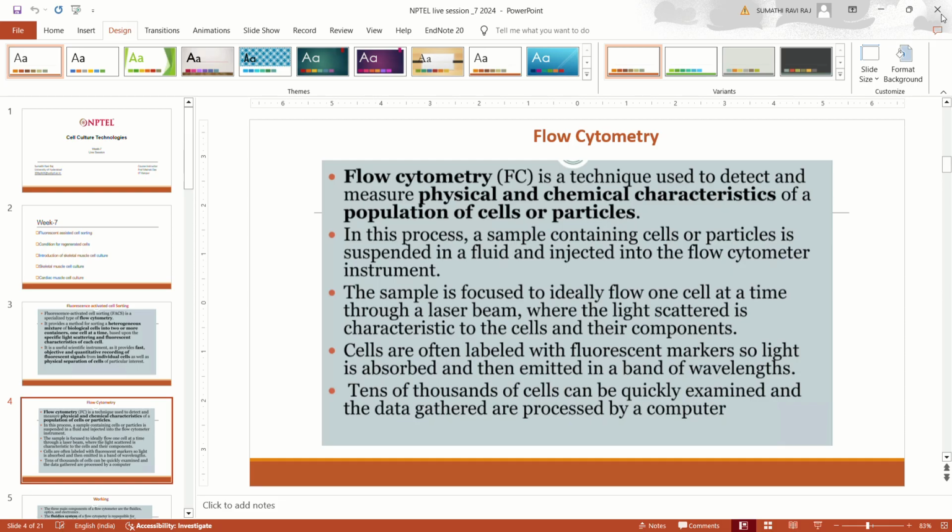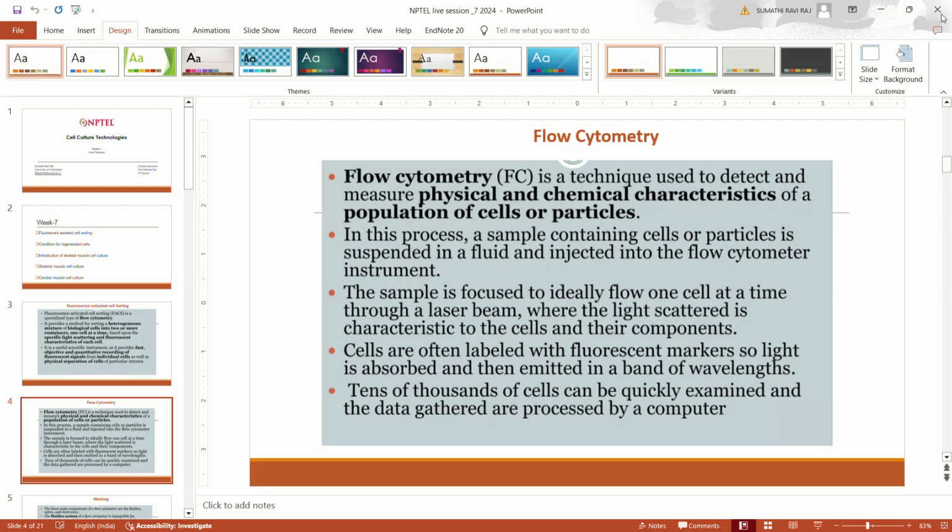Cells are often labeled with fluorescent markers, so light is absorbed. The fluorophore will always have an excitation and emission, and that is how the signal is emitted.